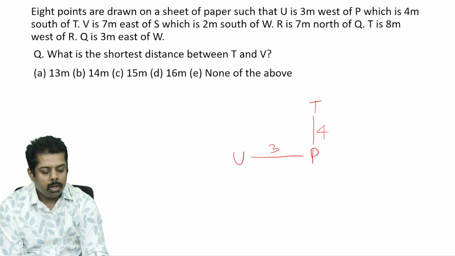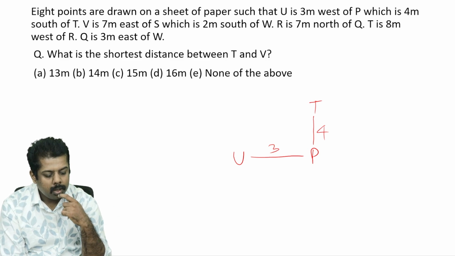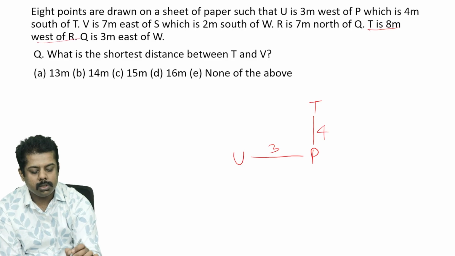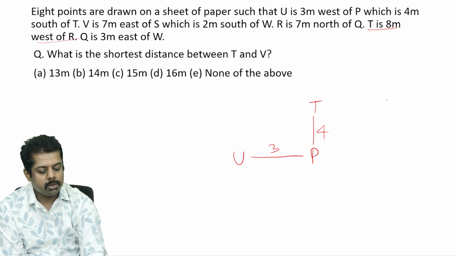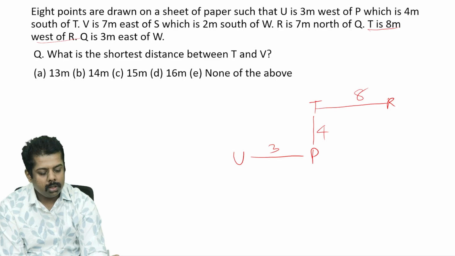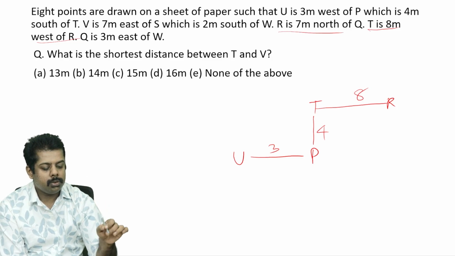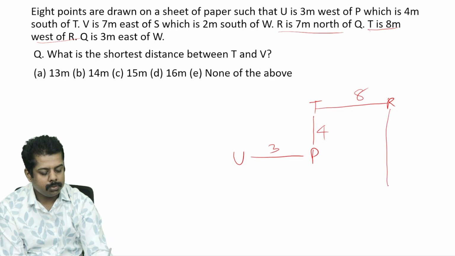Now V to S they have given, S to W, R to Q, T to R. We can take the T to R point. So T is 8 meters west of R. Then R to Q: R is 7 meters north of Q. So that is okay.